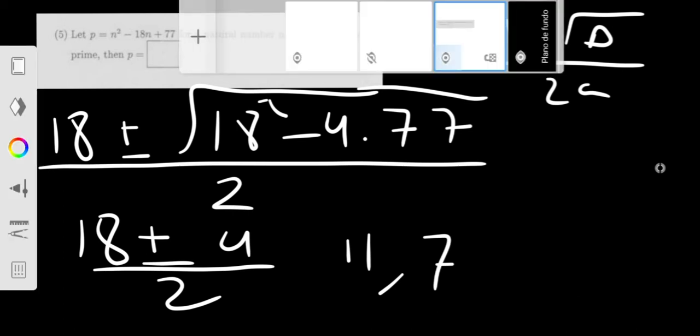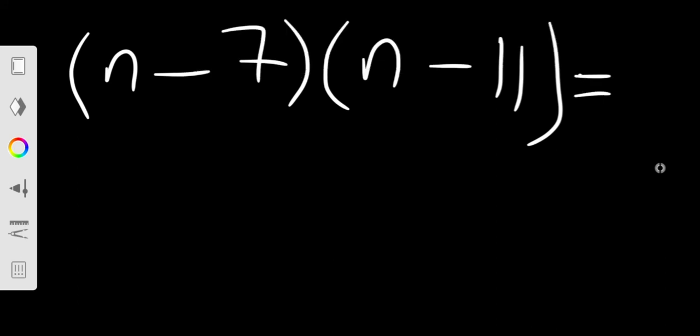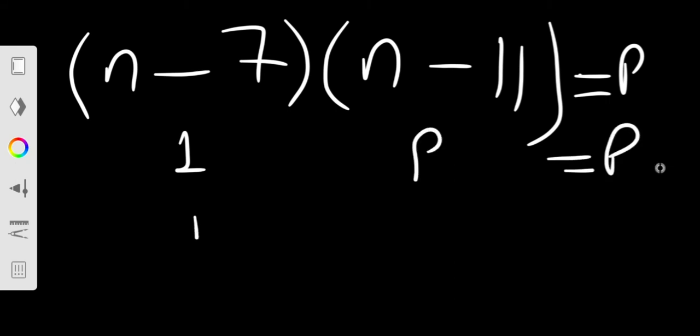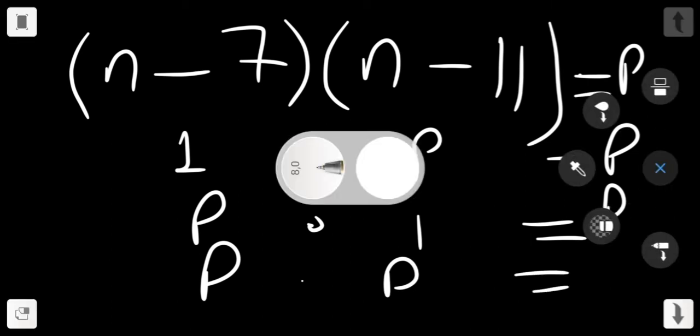Well, this is equal to p, right? So p is prime, so p can be only one thing. It's either 1 multiplied by p equals p, or p multiplied by 1 equals p, or it might be p multiplied by p, no, that would be equal to p squared, right?